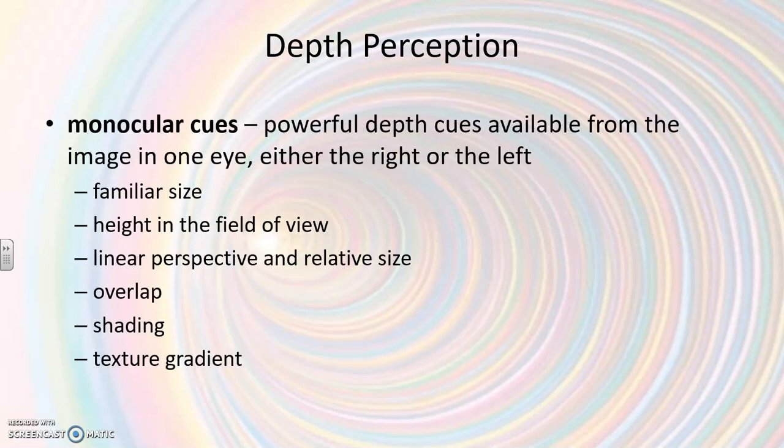Next are our monocular cues, and these are powerful depth cues available from the image in one eye, and it's either the right or the left. So familiar size, height in the field of view, linear perspective and relative size, overlap, shading, and texture gradient.